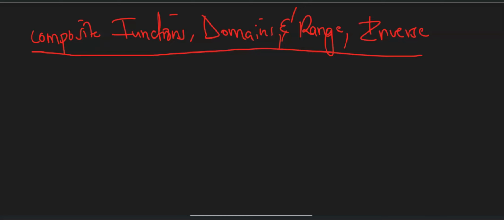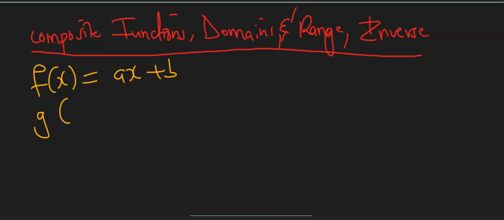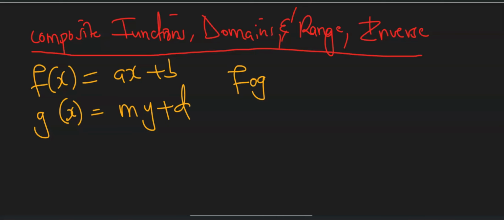How? For instance, we're given f of x equals ax plus b, then given g of x equals mx plus d. So a composite function normally takes the form f of g or g of f, or f of f or g of g.